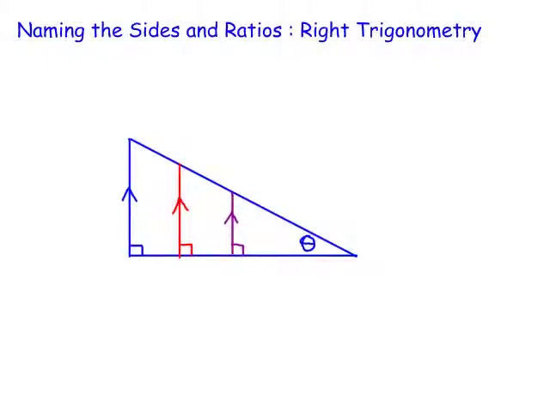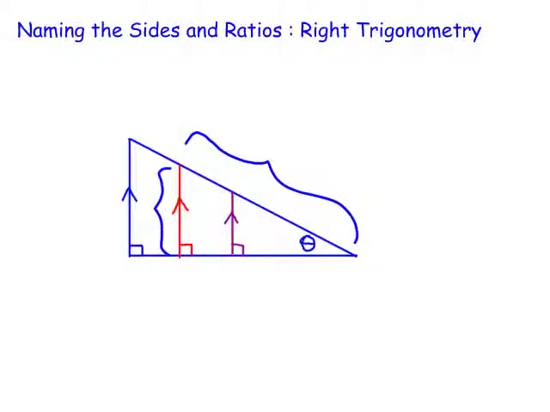So when we think about similar triangles, we think sides in proportion. For each particular angle, if you look at those three triangles, the ratio of, say, this one, called the hypotenuse, to this side, which is the opposite, is going to be the same as this ratio, and this ratio.